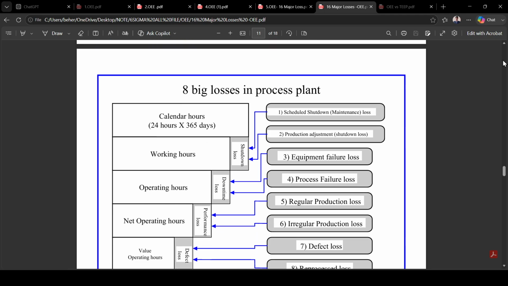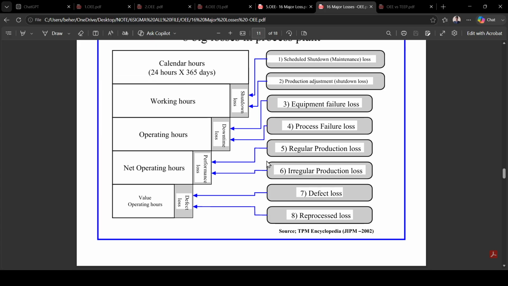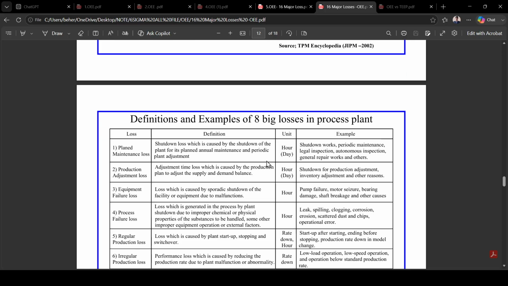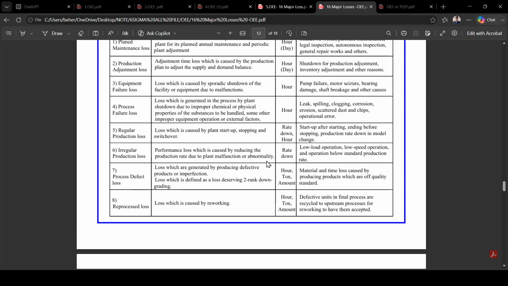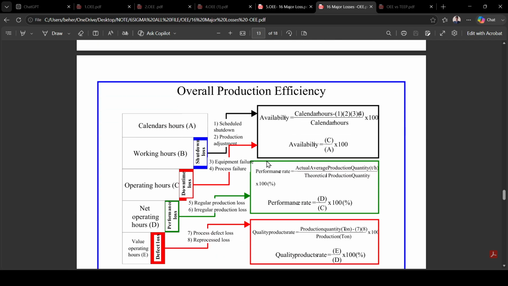Eight big losses in process plant. Eight big losses. Definition and example of the eight big losses in the process plant. Then overall production efficiency.